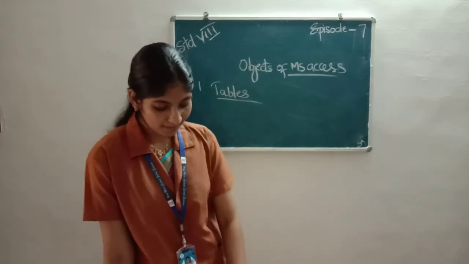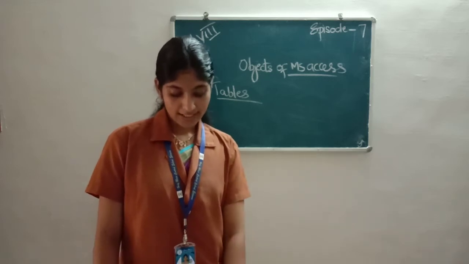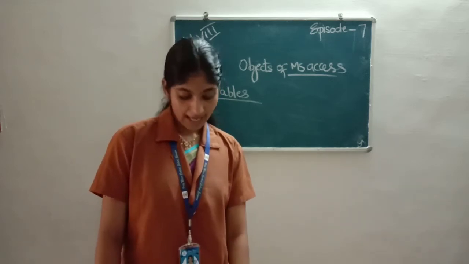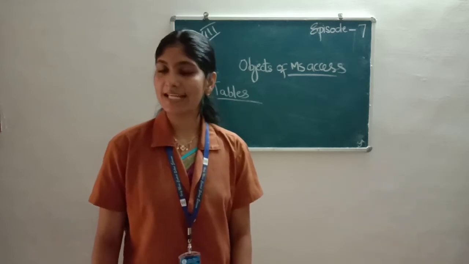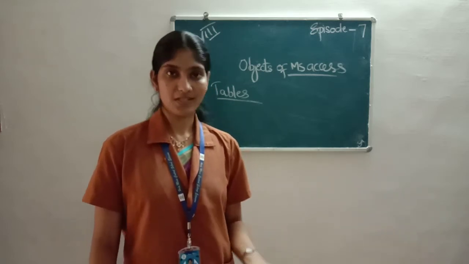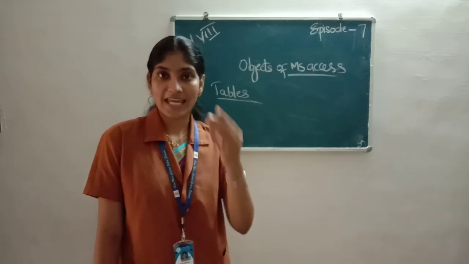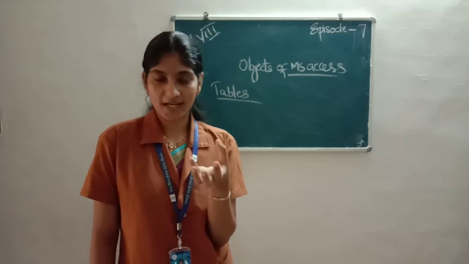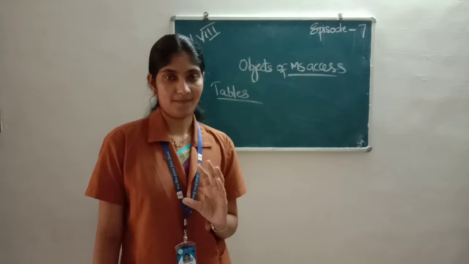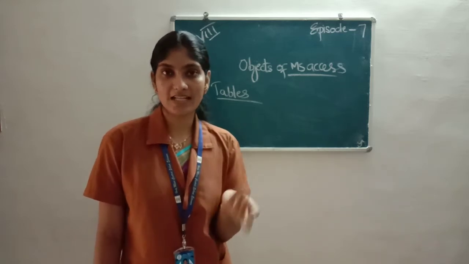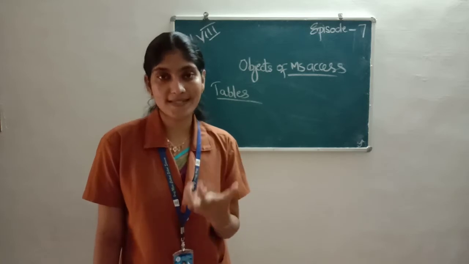So if you create a table, you define fields, giving each a unique name, and define the data type. Data type means the type of the data. For example, age contains numbers, so it is a numeric data type. Name contains text or characters, so it is a text data type.